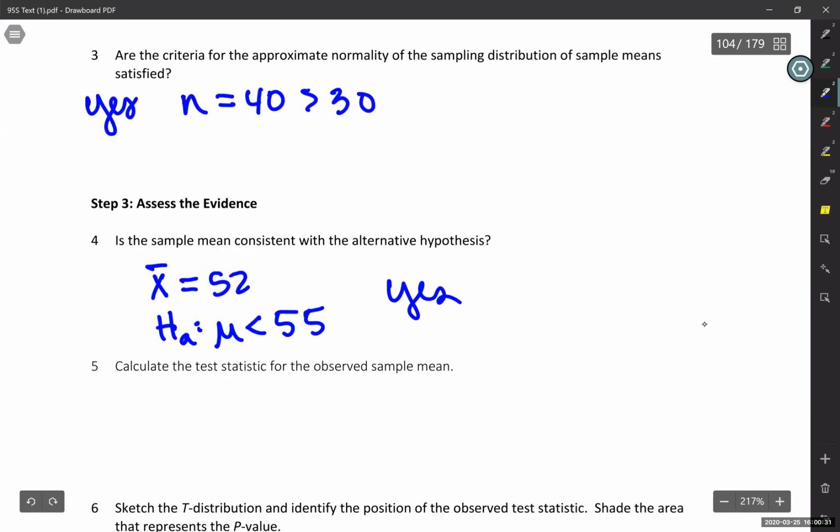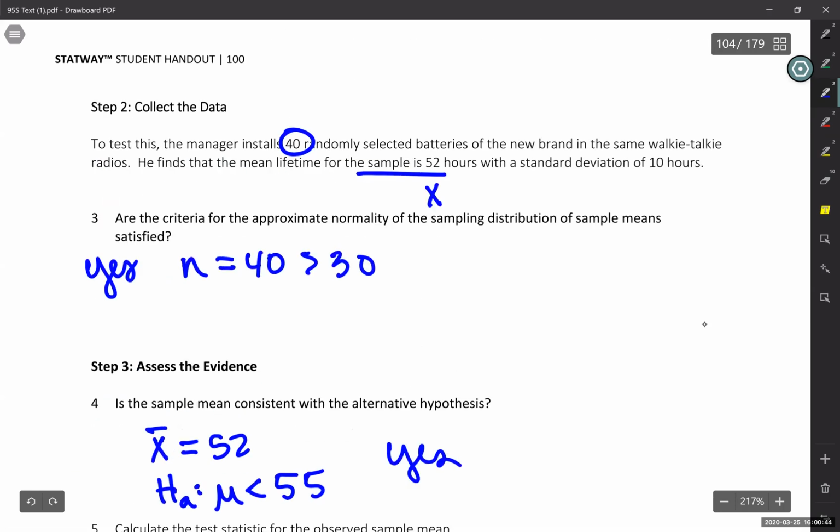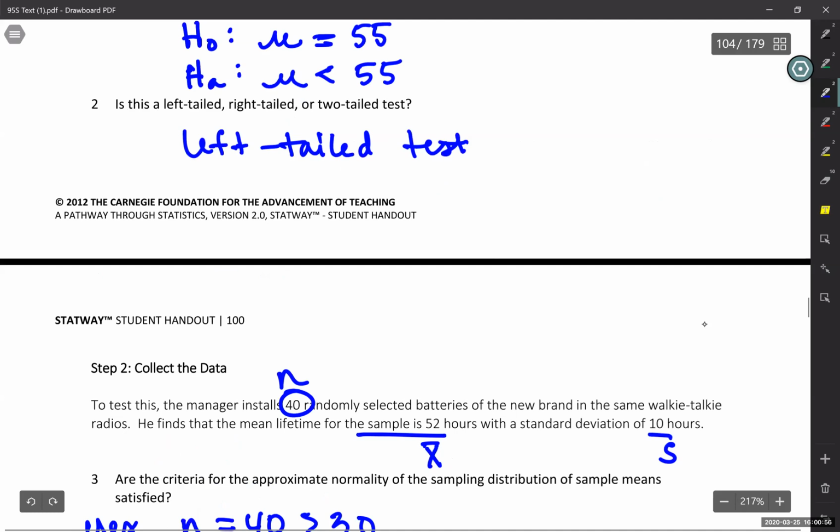Okay, so we want to calculate the test statistic. So t is going to be x bar minus mu. X bar was from here, s, and n is our 40. And then mu was 55 from our null hypothesis.